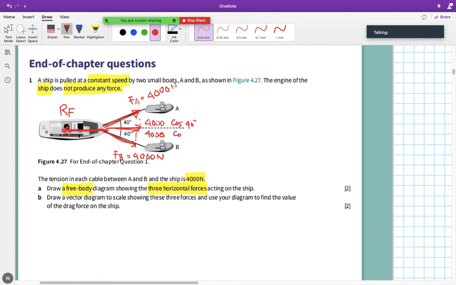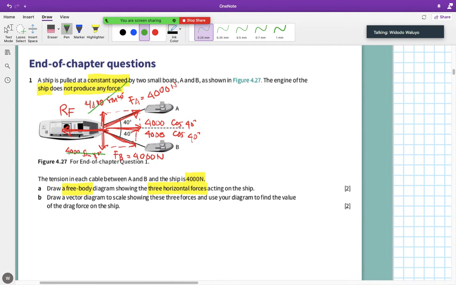And then on the y, this is 4,000 sine 40, and then here also from B, 4,000 sine 40. Okay, we can cancel them on the vertical. We can cancel this one, this and this.